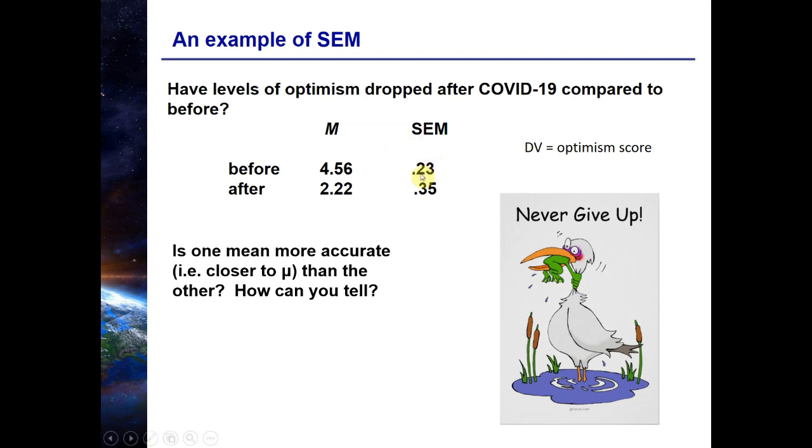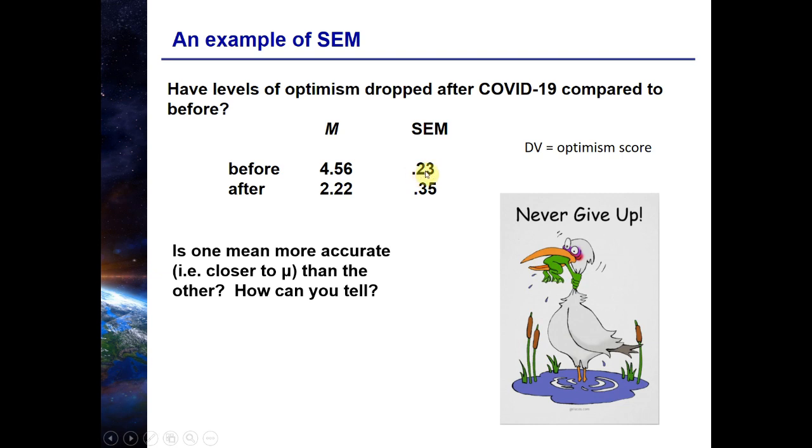So 0.23 is relatively small compared to this number, right? If you were to look at this, it would be relatively small. So I would say, okay, relative to the mean, it's a small number, so we don't have a lot of sampling error. What if this were 2.3 instead of 0.23?